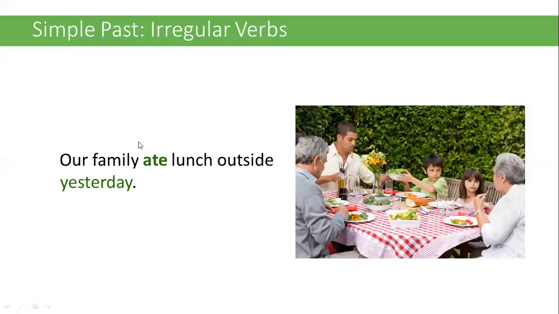Yeah. The example, our family ate lunch outside yesterday. Okay, what is the base form of ate? Yeah, eat. Correct. So because this family had their lunch outside yesterday, we use the second verb. All right.